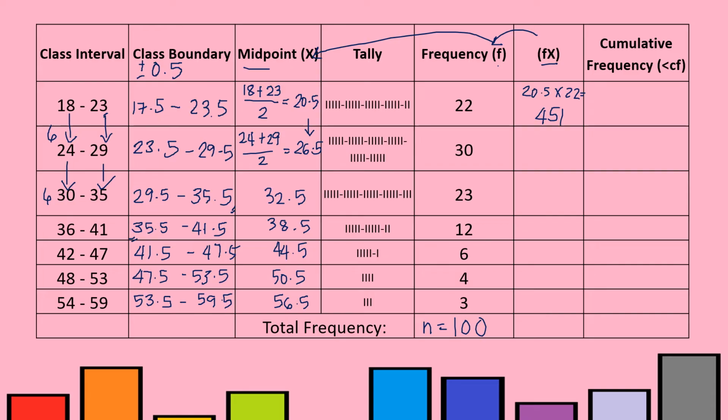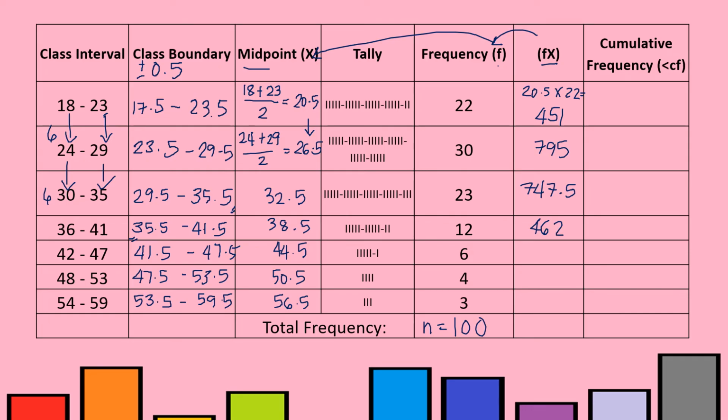Next is 26.5 times 30 is 795. Then 23 times 32.5 is 747.5. Then 38.5 times 12 is 462.